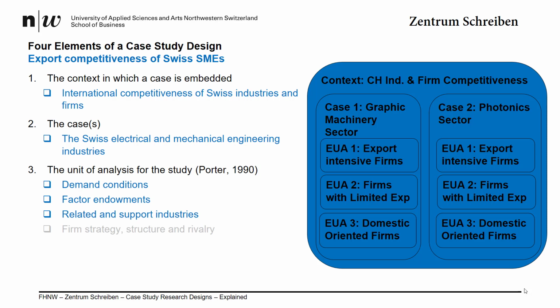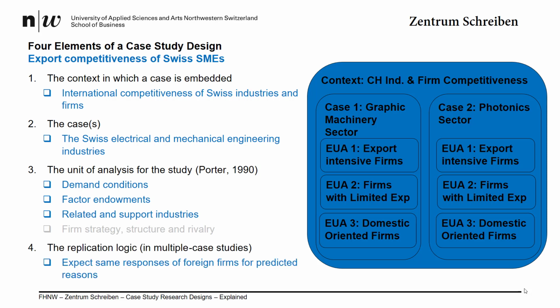We could then focus on these phenomenon-driven embedded units of analysis in our case study design to understand how the explanation for the international competitiveness of these different firms by their degree of export intensity explains the international competitiveness of our two cases.